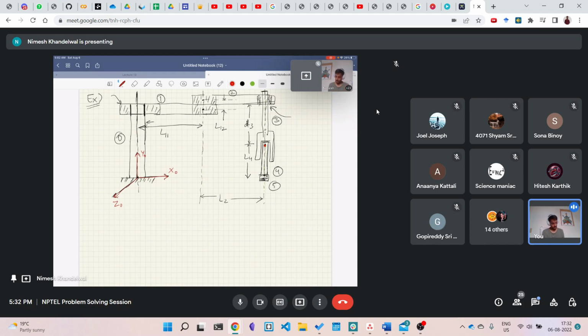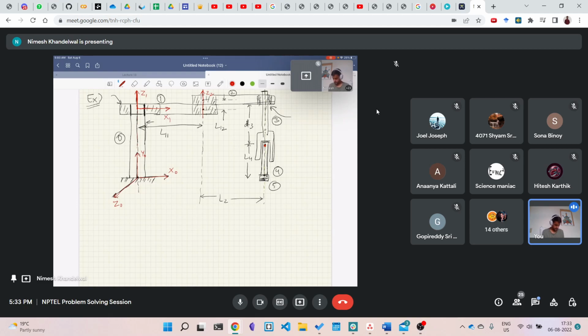Then I will make frame 1 here. So this becomes z1, because this is along the axis of rotation of this joint, and this is z2. This axis will now be x1.